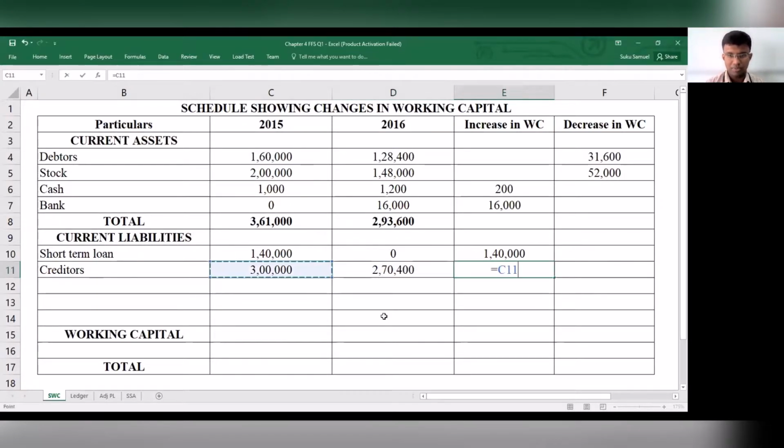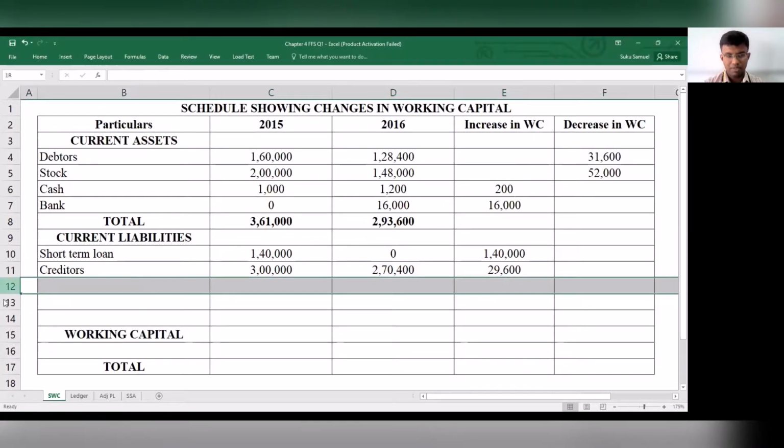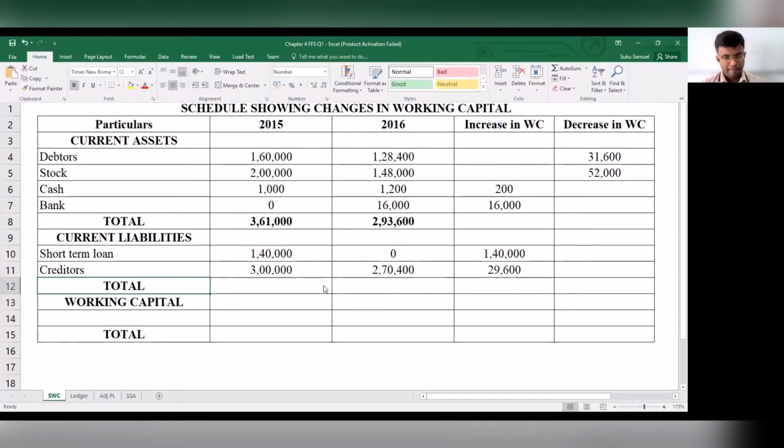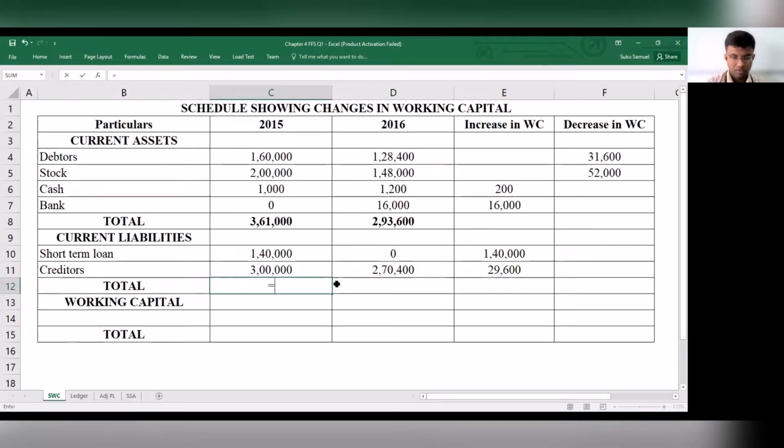Working capital will increase by 29,600. So this total also we have calculated, and that is done.